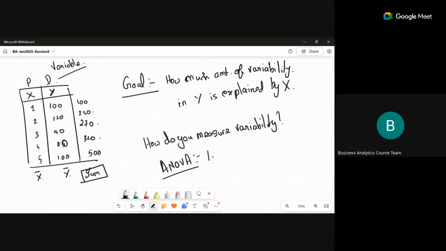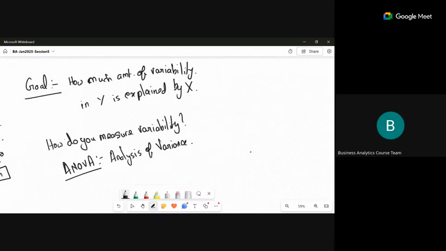All of you use ANOVA, but no one knows. Analysis of variance. Super. So this is known as ANOVA, analysis of variance. Very good. So you are going to analyze variance, which means there are three types of variability that happens when you fit a model.